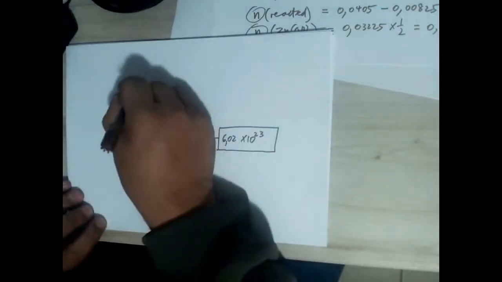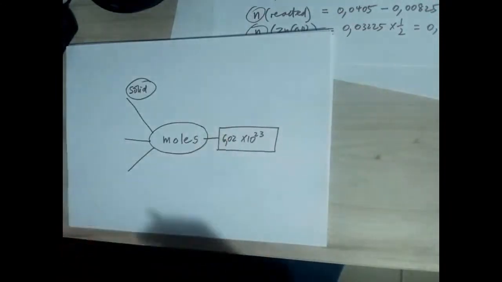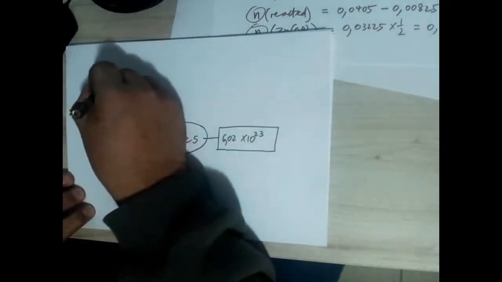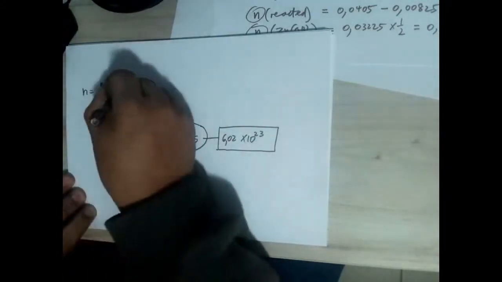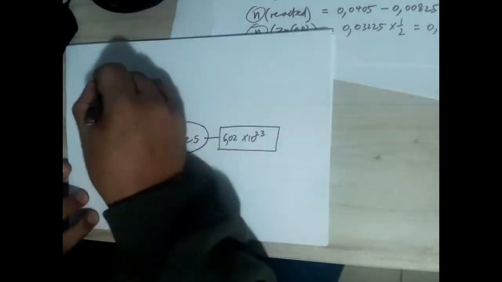So if I'm working with a solid, I can turn grams to moles using moles is equal to mass divided by molar mass. So that's for a solid. So with the zinc hydroxide, it was a solid. So moles is equal to mass over molar mass.